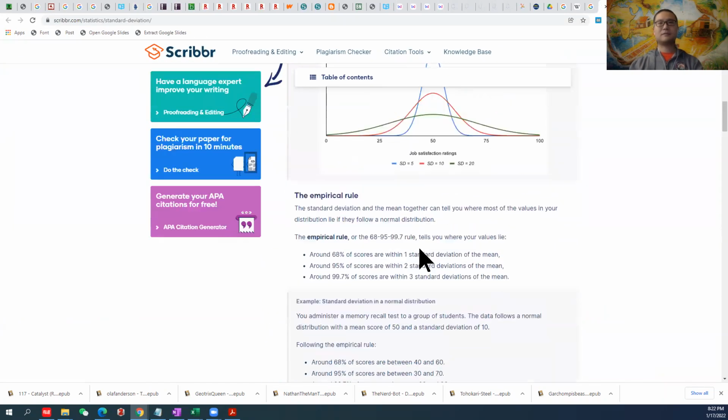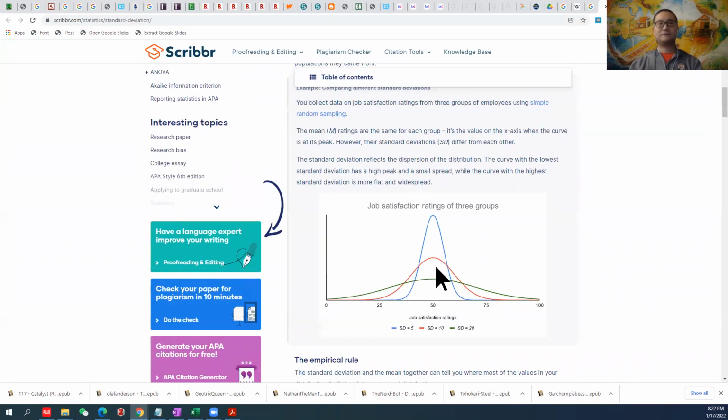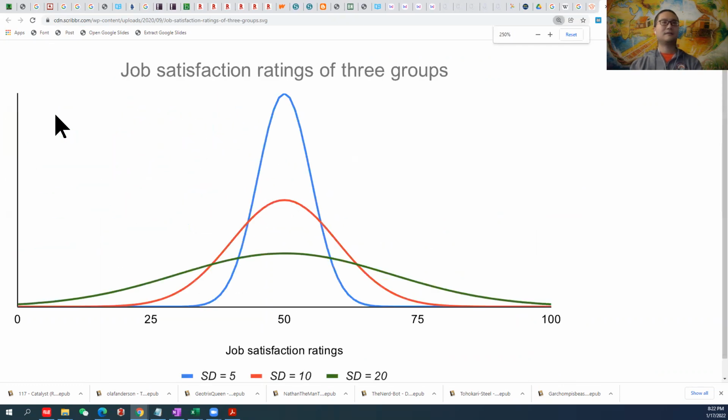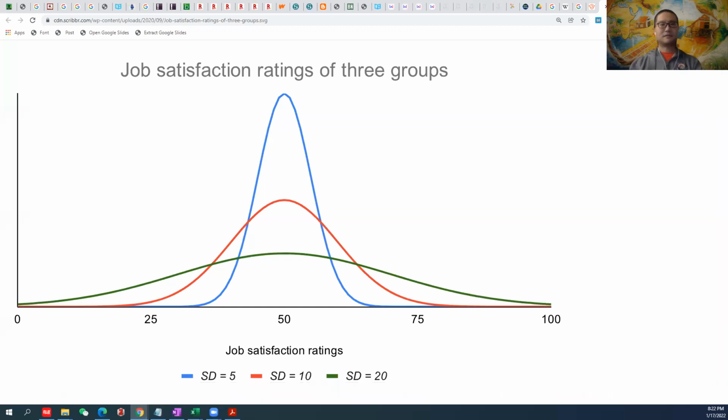From this, we can see 3 different standard deviations. The blue one means a standard deviation of 5, the red one 10, and the green one 20.